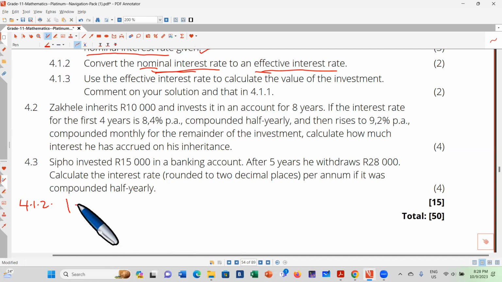So we learned that 1 plus the effective rate, I effective, is equal to 1 plus I nominal divided by m, to the power m.